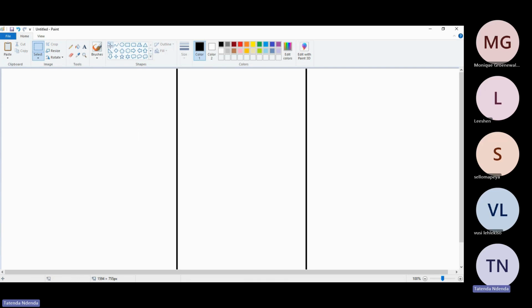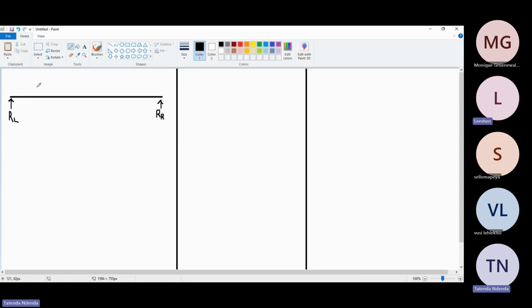So let's say I have a beam of this length, and at this point here I'm having R left, and at this point here I'm having R right.